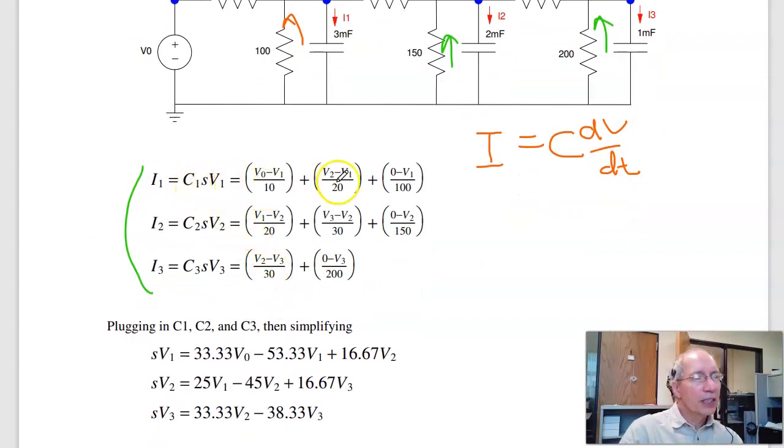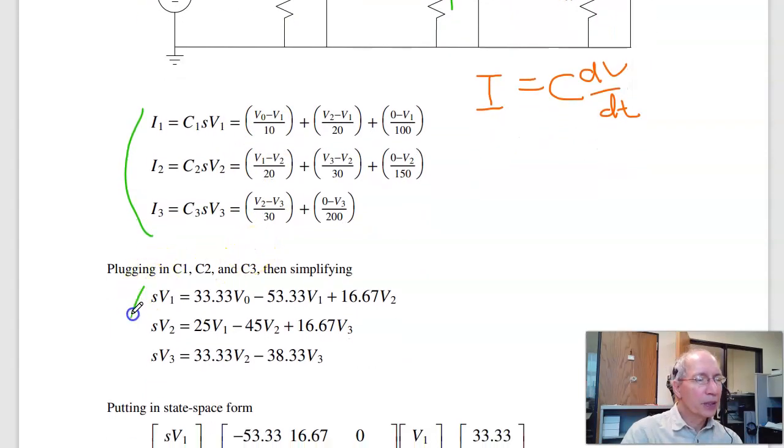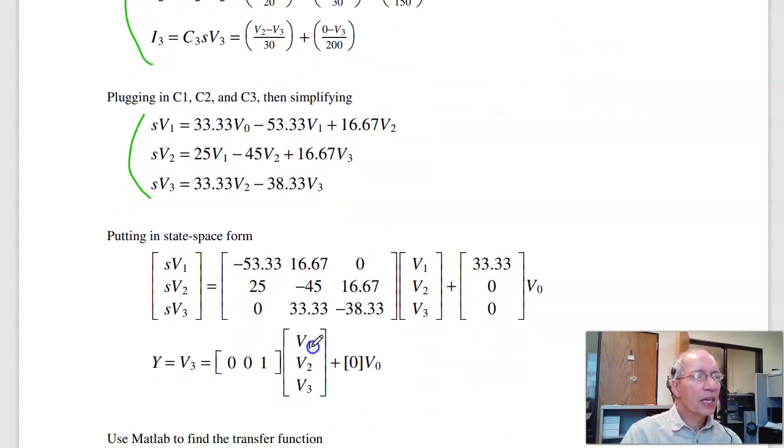If I divide by C and group the terms, I wind up with that set of equations. That I can put in state space form. So the first equation, SV1, I'm going to group the states as V1, V2, V3, and the input is V0. So here's the gain times V1, V2, V3, and V0.